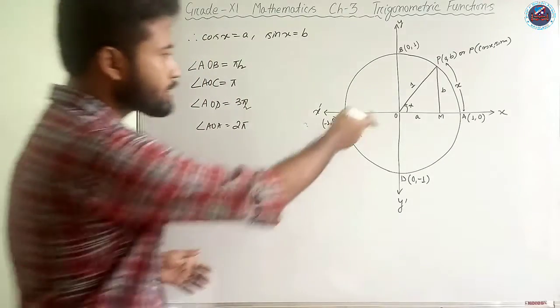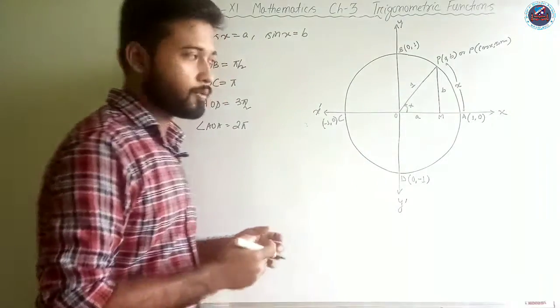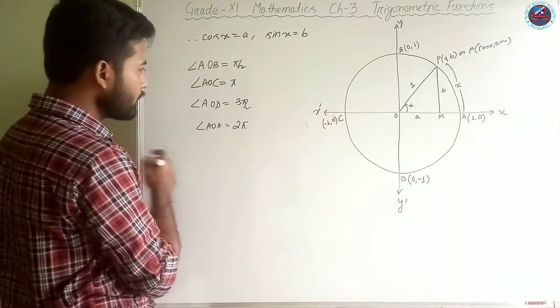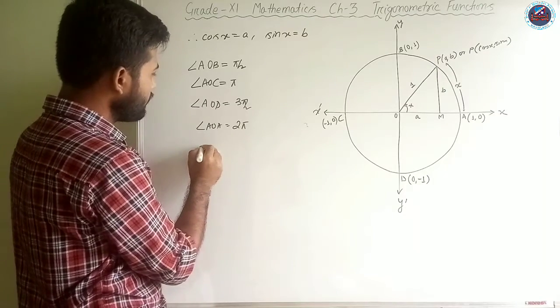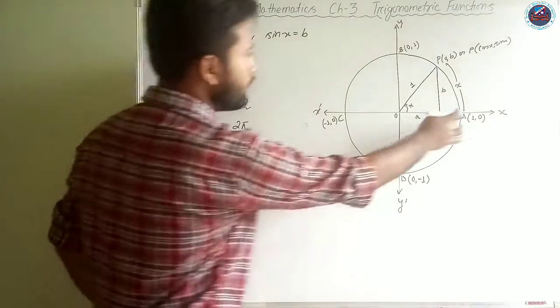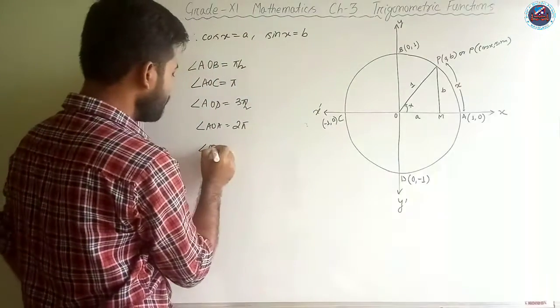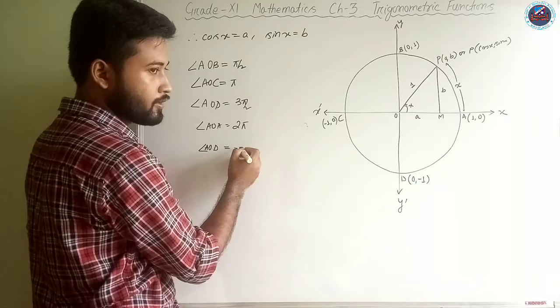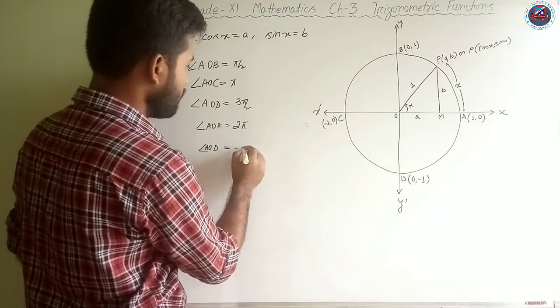And this is when we go anti-clockwise, and if we go clockwise, then angle AOD is equal to minus pi by 2.